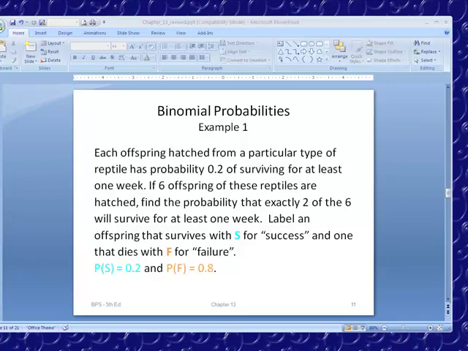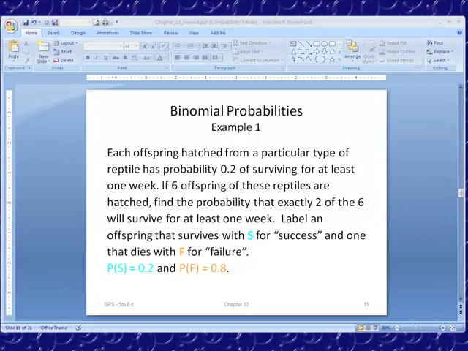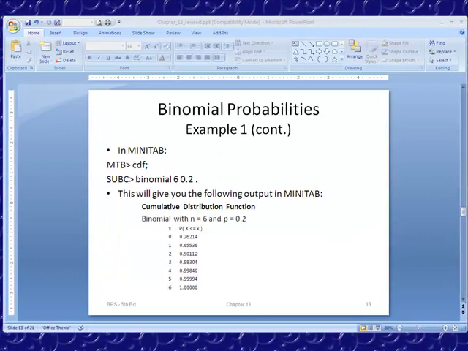So the probability of a success, they told us, is 0.2. Therefore, the probability of a failure, that an offspring dies, is 0.8. So now I have my binomial variables. X is the number of offspring that survive in a week out of the 6 offspring that were born.